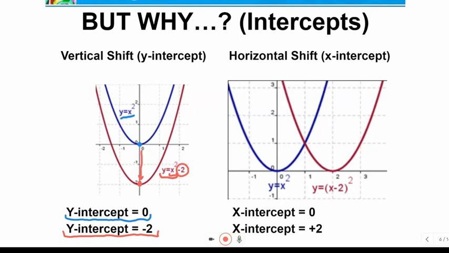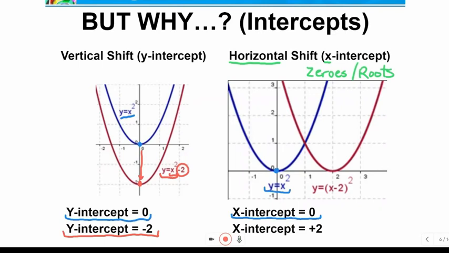For the horizontal shifts, this is where it gets a little crazy. The x-intercept, again, horizontal, x is also called the zeros or the roots. Your x-intercept is 0 for your parent function, x squared.